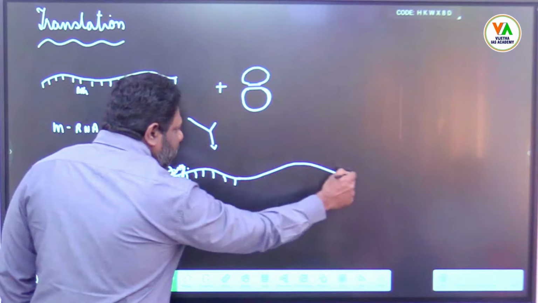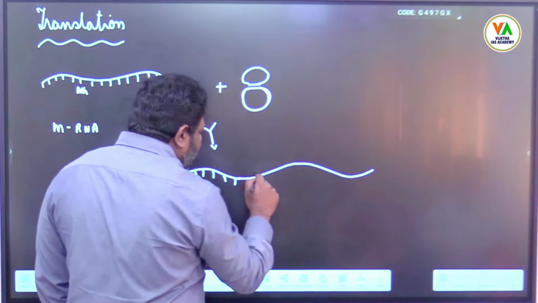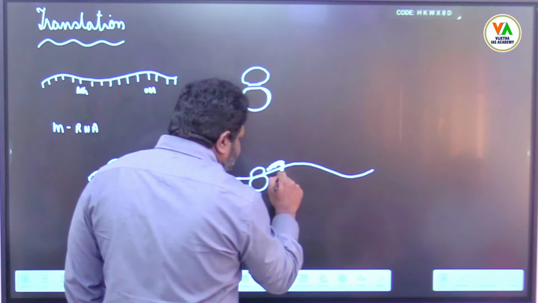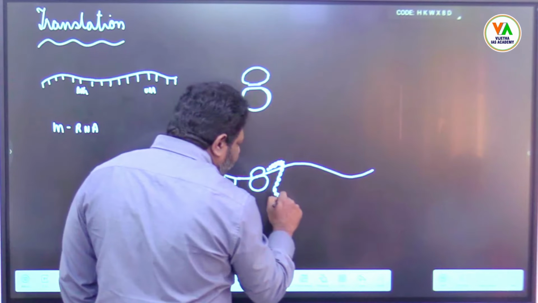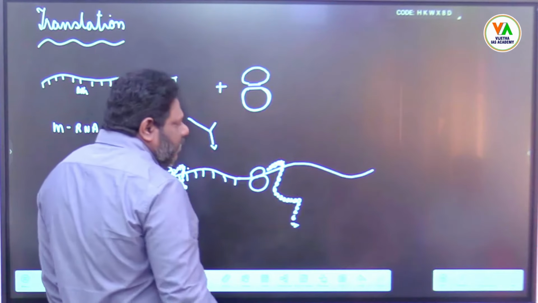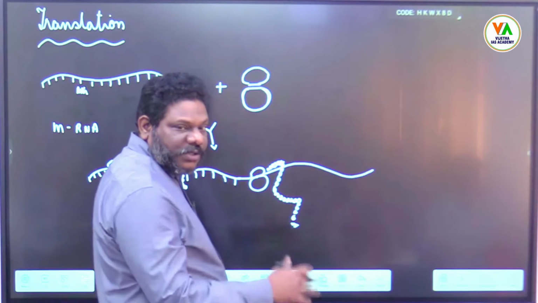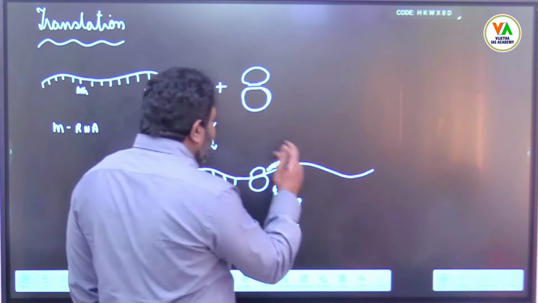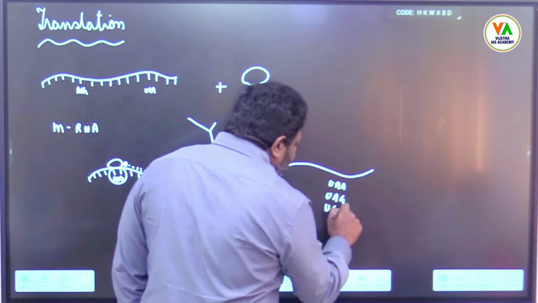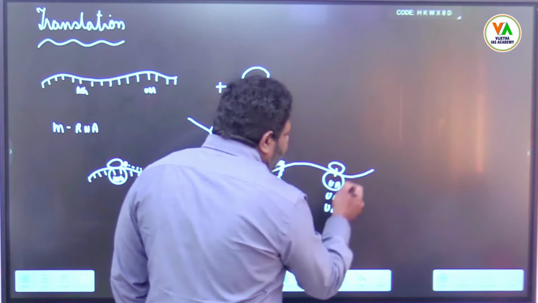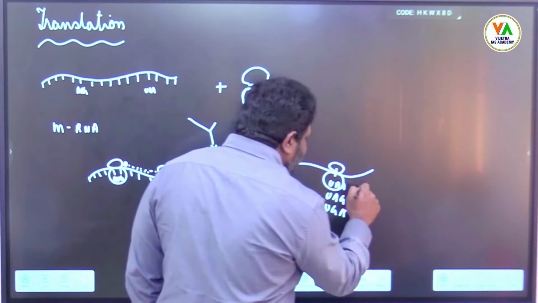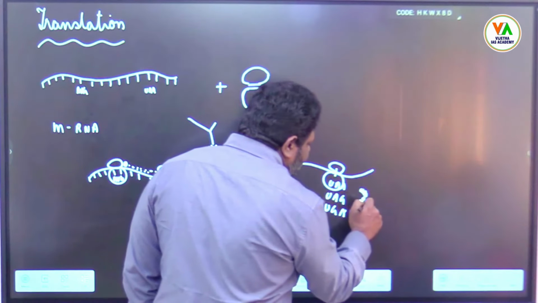Say for example, this is a long one. It will keep on translating. Maybe it has come here. It keeps on translating to form a long chain of amino acids. When will it stop? It stops when it reaches the terminating codons. So if it reaches, for example, UAA or UAG or UGA, then this ribosome will stop protein synthesis. So these amino acids will get detached.